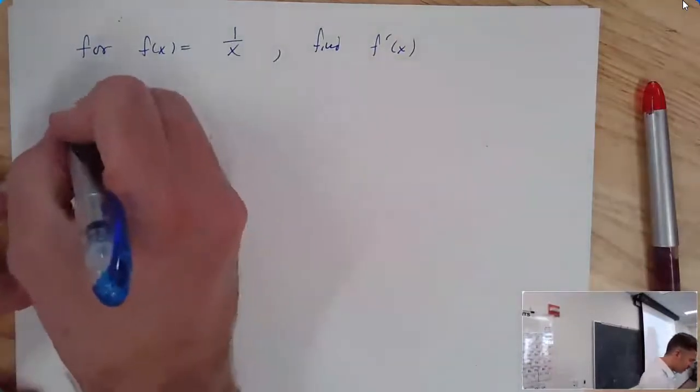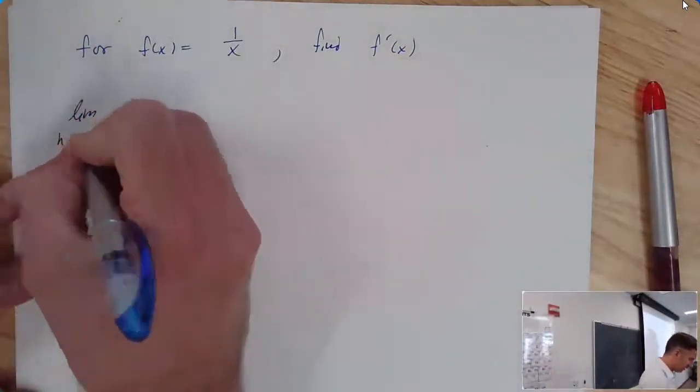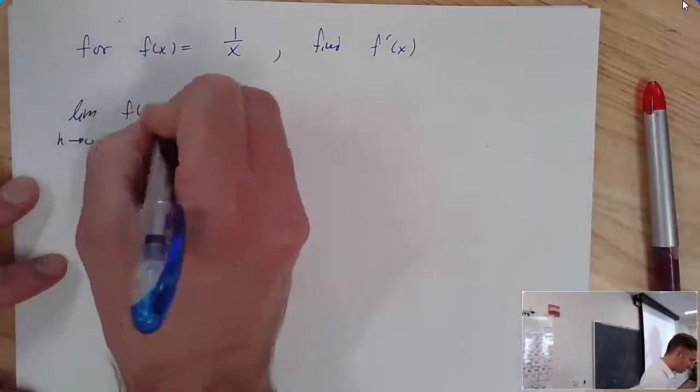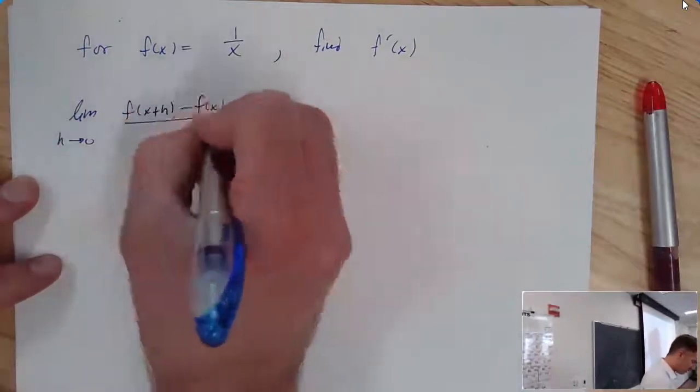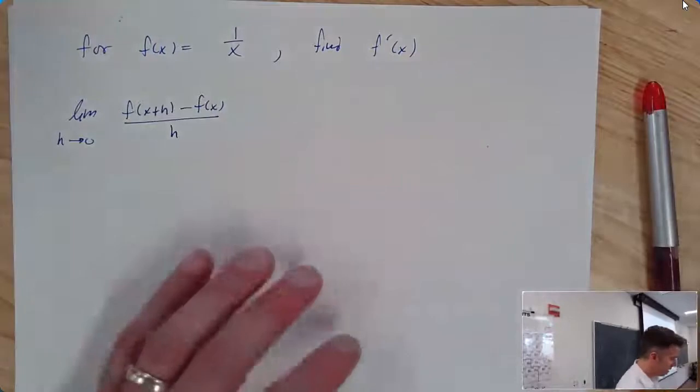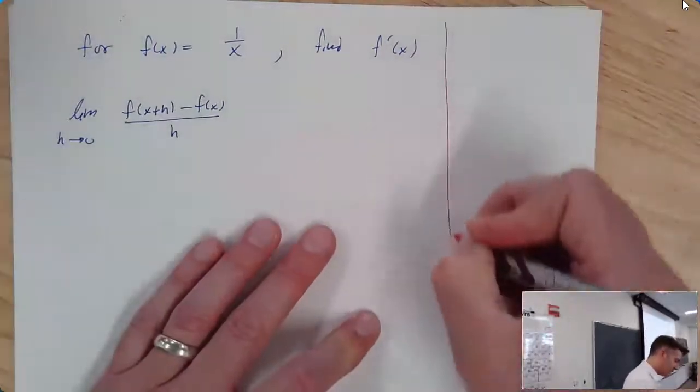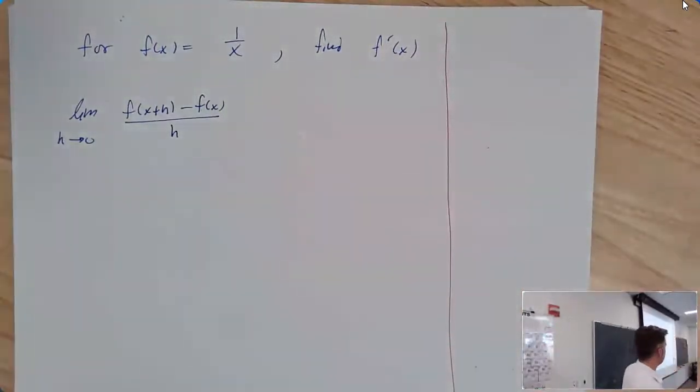So I'm going to take the limit as h goes to 0 of f of x plus h minus f of x all over h. But off to the side, even though they didn't ask me to use the shortcut, I know what the answer should be using the shortcut.